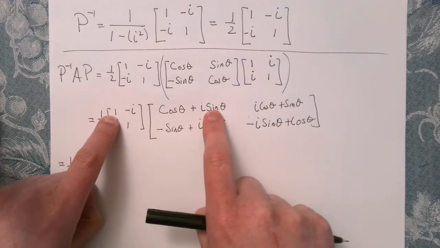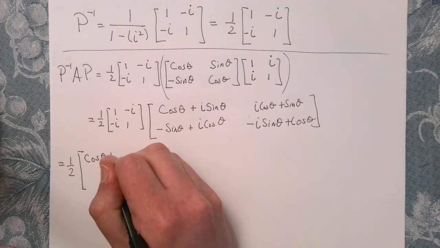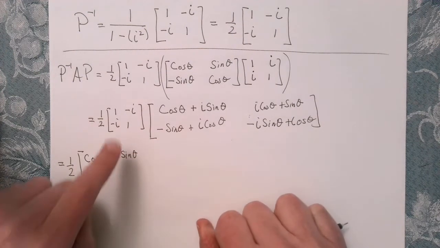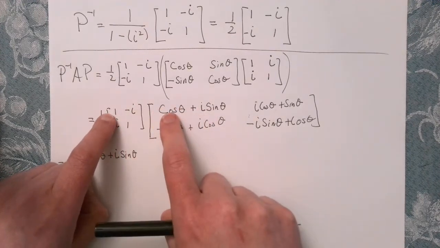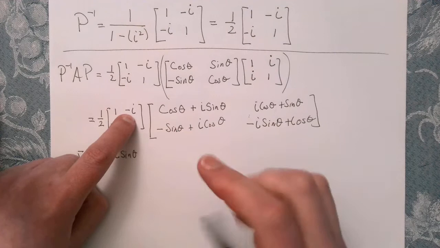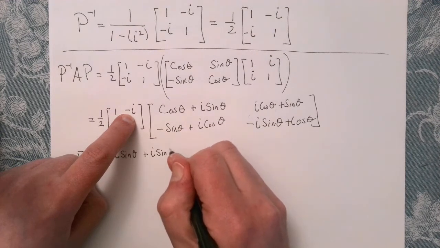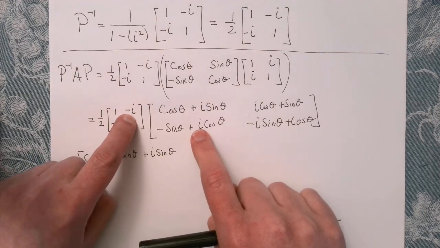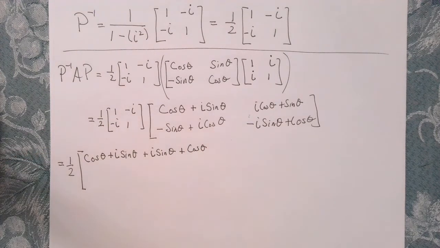Okay, so 1 times this plus i times this. So again, row by column, product plus product. So this here looks like plus i sine of theta. And then if we're careful, i times i is negative 1 times the negative, this will be plus cosine of theta. Okay, so we're going to continue in that way, just being careful.